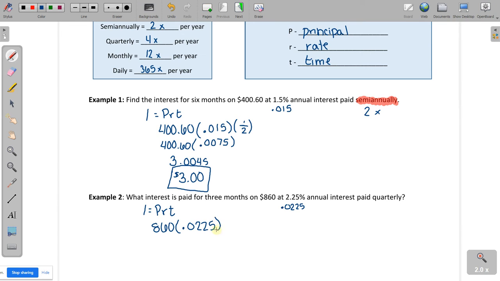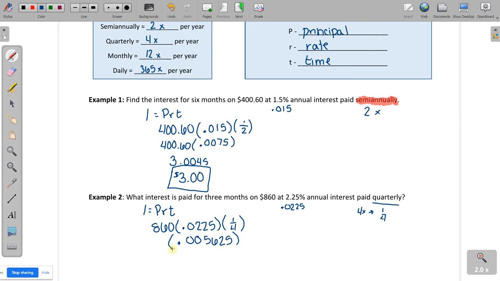Then we're going to multiply it by our time, and it's quarterly, so that's 4 times. And we're talking about 1/4, so just going to multiply it by 1/4. So we're going to take our rate as a decimal, 0.0225, and multiply it by 1/4. And we get 0.005625.